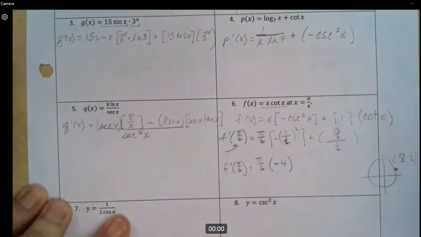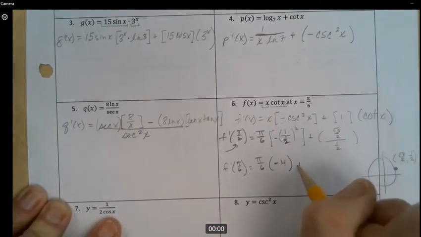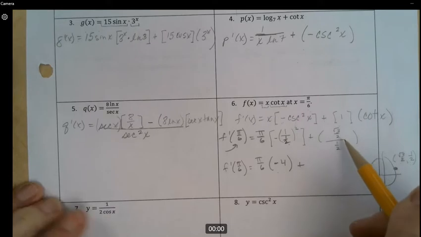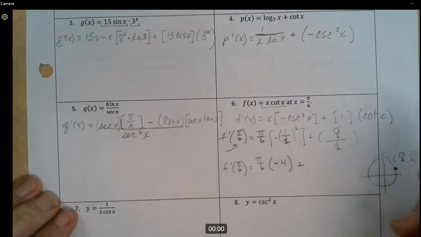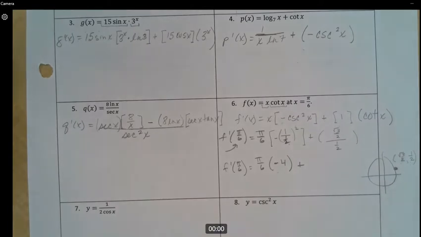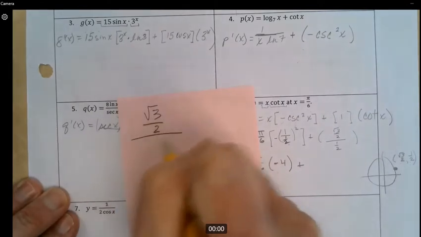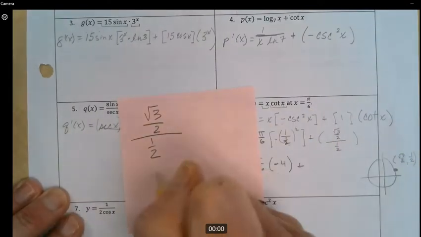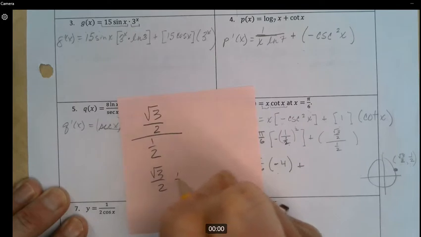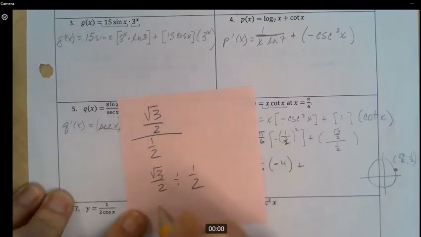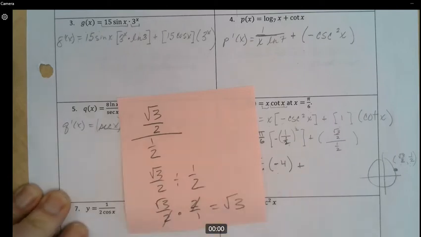Awesome. So in the same vein, root 3 over 2 divided by 1/2 is the same as root 3 over 2 times 2 over 1. So that answer is just root 3.